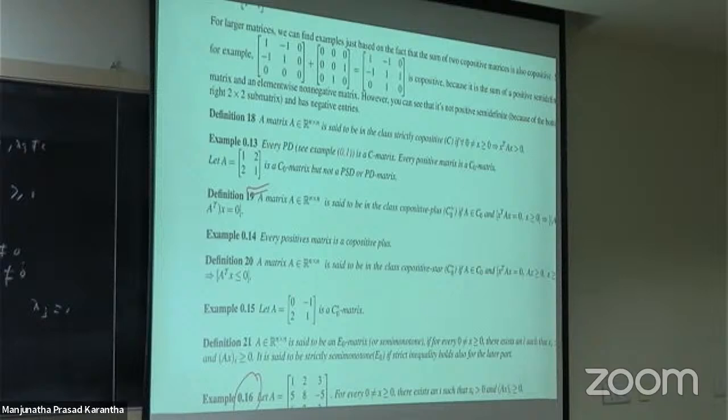Can you prove it? Here you can see that if you take A plus A transpose, the leading principal minors are not non-negative. So it is not a PSD matrix.